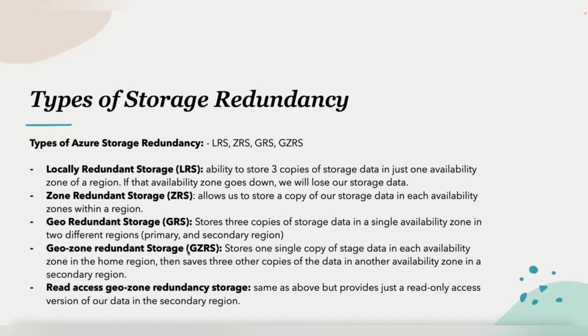So this is very similar to the geo-redundant storage, which stores 3 copies of data in one availability zone. However, in this case, we have more opportunity because we get to store one single copy of the storage data in multiple availability zones in the home region, and then save up to 3 copies in the secondary region.